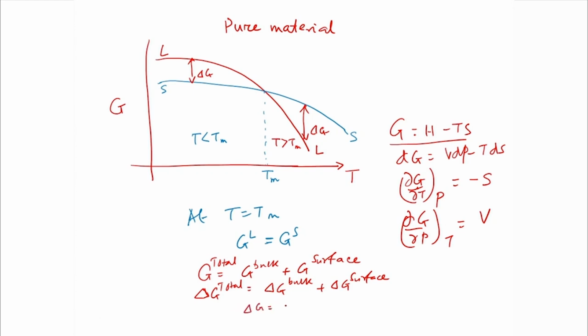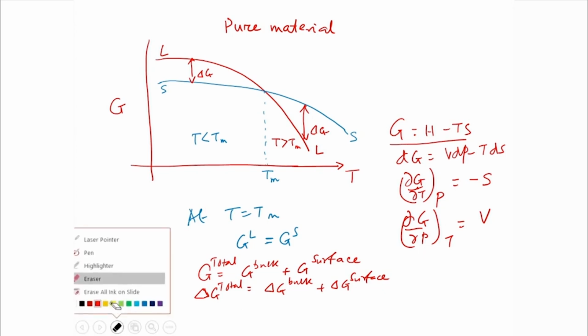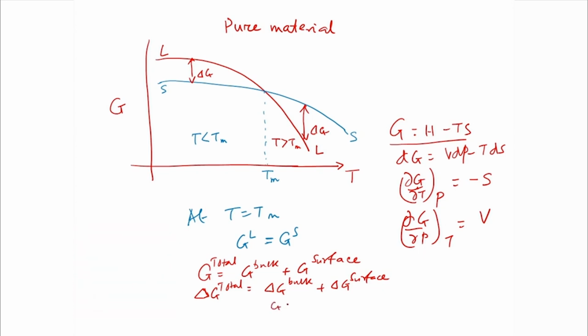Okay, let me just tell you. Delta G is from this equation. Let us start from the beginning. So G is H minus TS. And then dG is equal to dH minus T dS at constant temperature, correct? Now, at the melting temperature, at T equal to Tm, both have similar free energies, solid and liquid are the same actually.